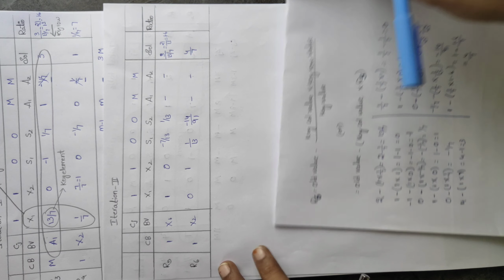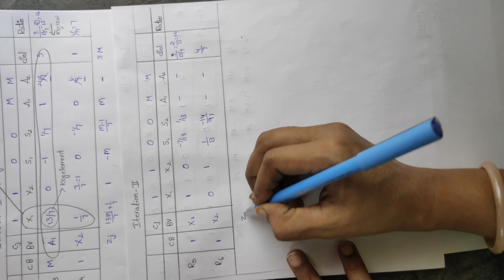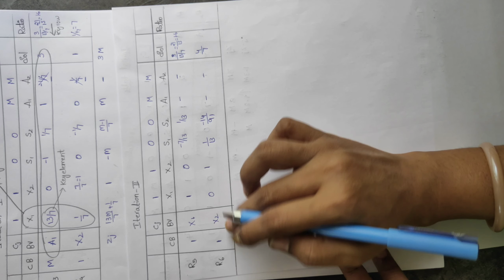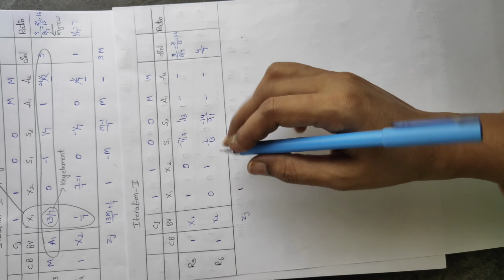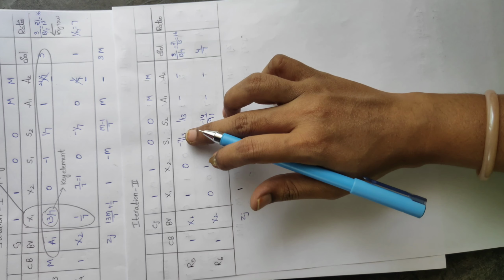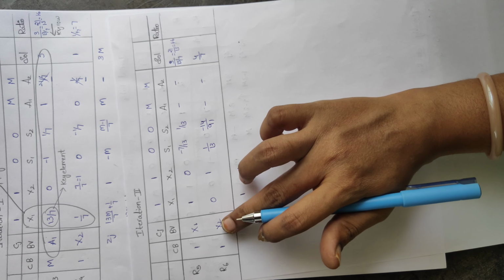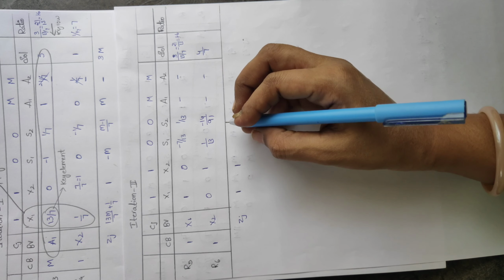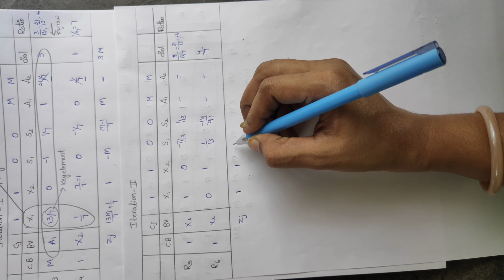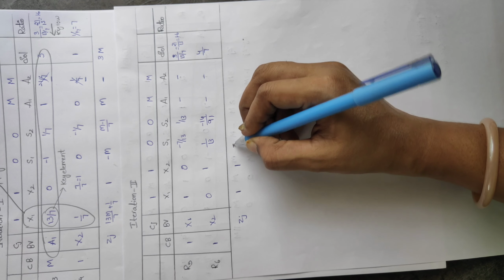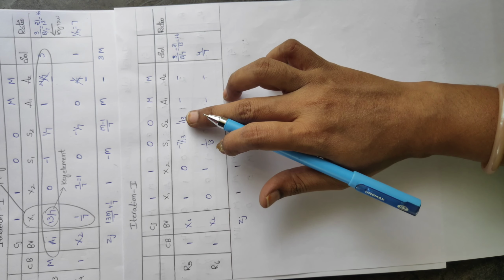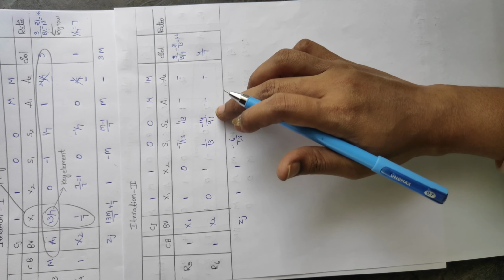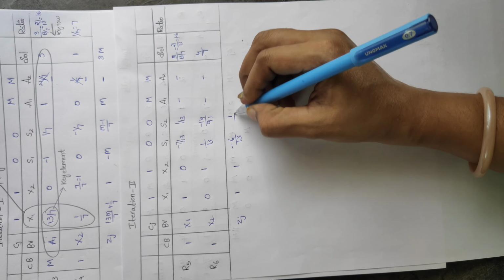Next we need to find the Zj value. 1 into 1 plus 1 into 0, 1. 1 into 0 plus 1 into 1, 1. 1 into minus 7 by 13 plus 1 into 1 by 13, minus 6 by 13. 1 into 1 by 13 plus 1 into minus 14 by 91, 1 by 13.